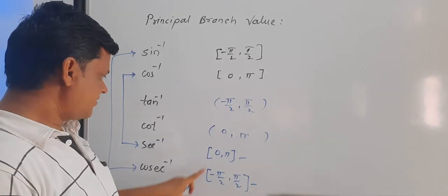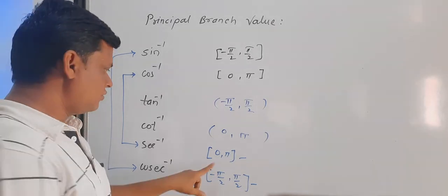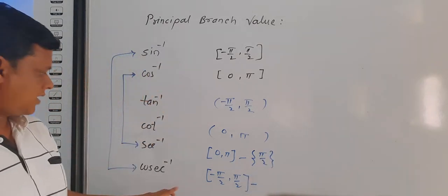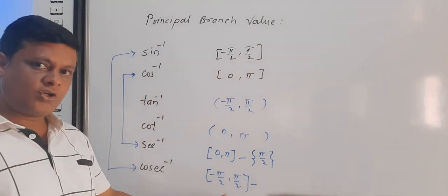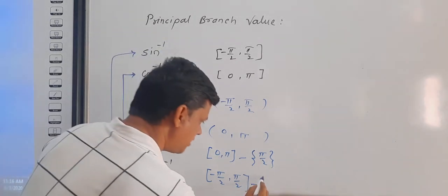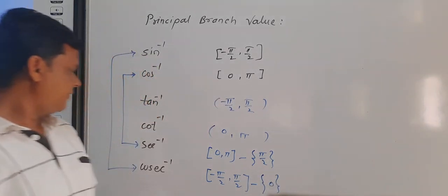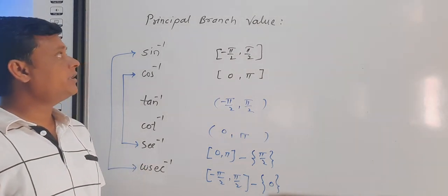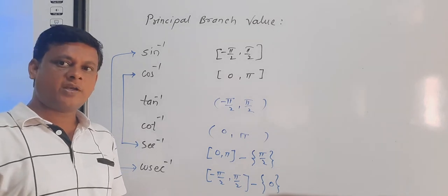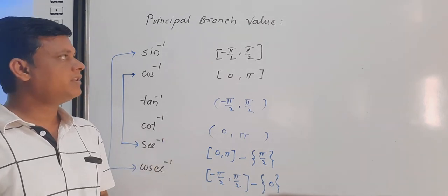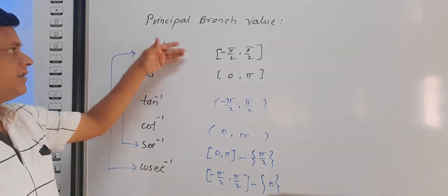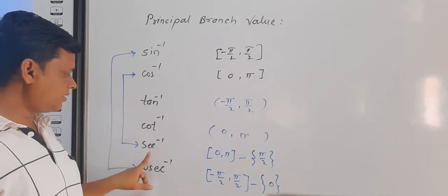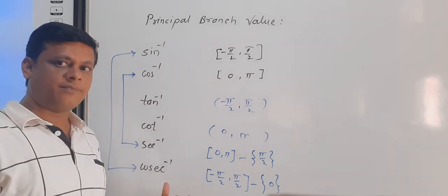We know that sec 90 is not defined, so excluding pi by 2, and we know that cosec 0 is not defined, so excluding 0, we can write the principal branch value for sec inverse and cosec inverse. So while solving problems on inverse trigonometric functions, calculating the value, we must know the principal branch values for sin inverse, cos inverse, tan inverse, cot inverse, sec inverse, cosec inverse separately.